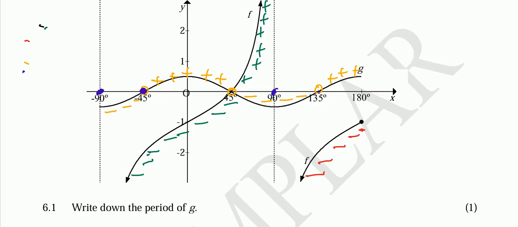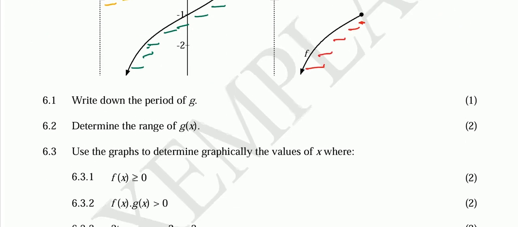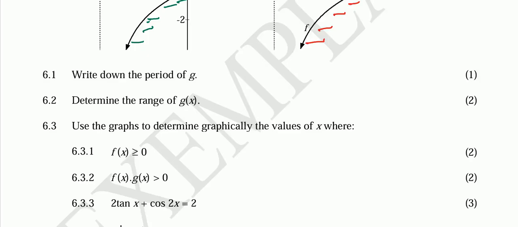Okay. So the next question is saying 2 tan x plus cos 2x is equal to 2. Let's just try solving it first, because we see it includes tan and cos, meaning there's something here. If we try manipulating it, we can find the solution.